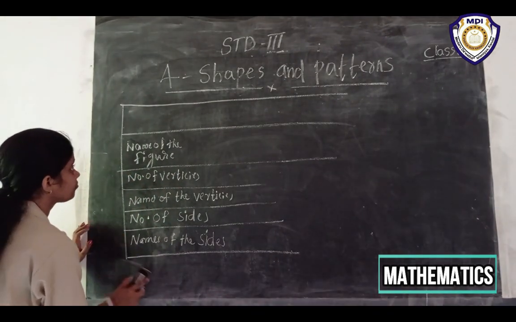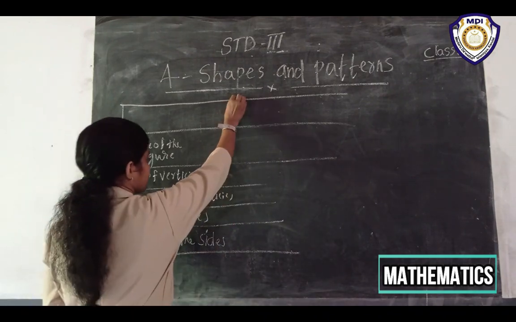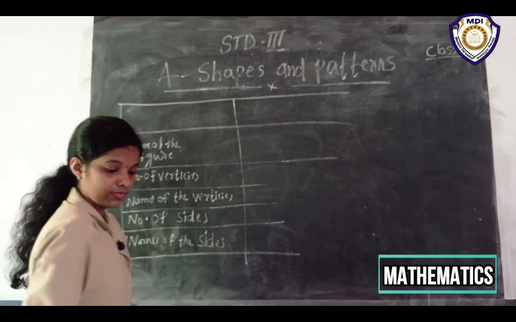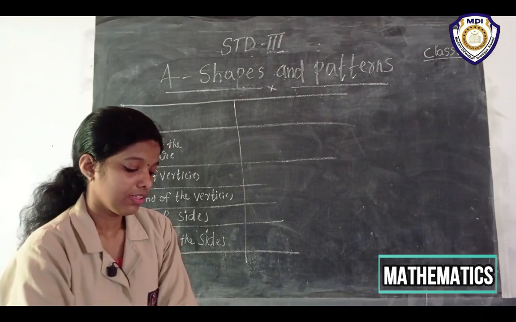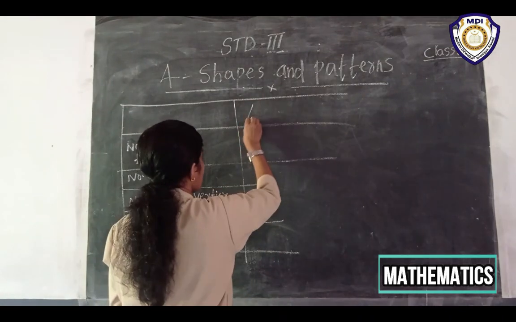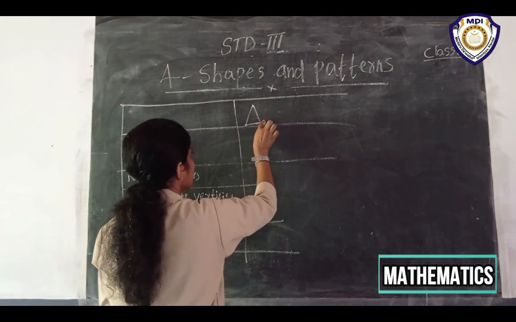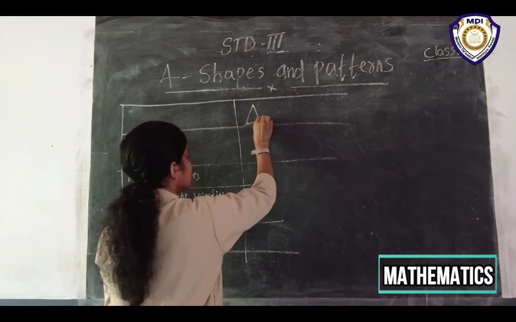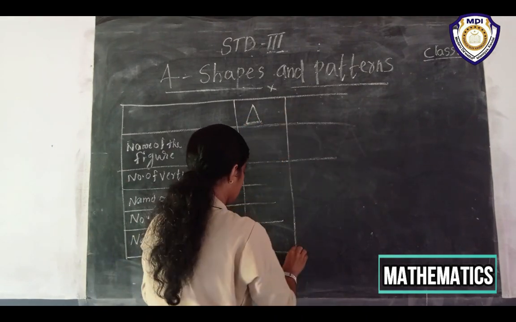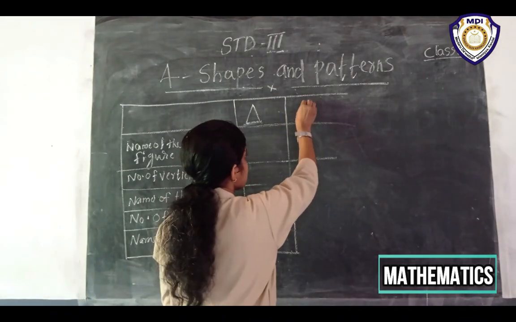Listen here. This is the shape of a triangle. This one is a circle.